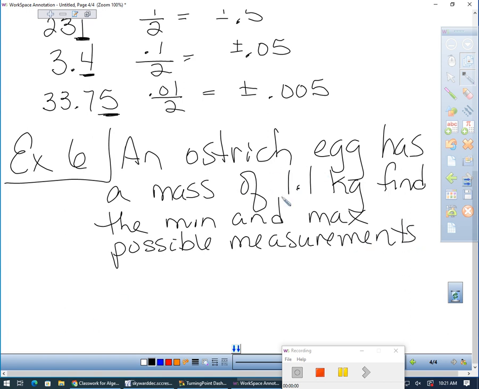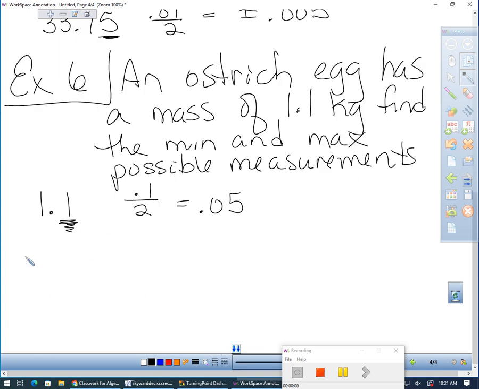All right, so first of all, we're going to look at this actual measurement of 1.1. This 1 is in which column? The 10th column. So I take 1/10 and divide by 2. My measurement can be off by exactly 0.05. So now, to find my minimum, I take my measurement, which is 1.1, and I subtract 0.05. 1.1 minus 0.05 is 1.05.